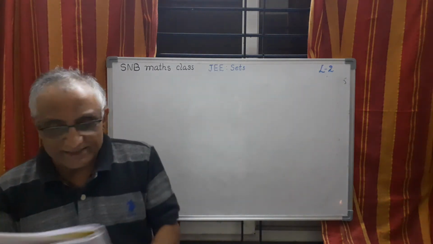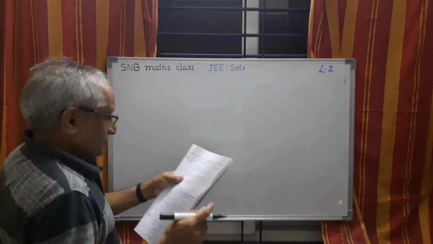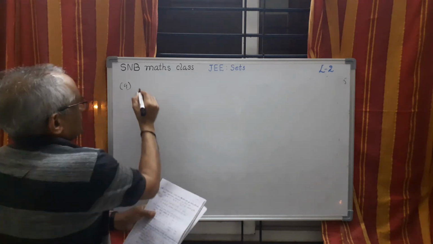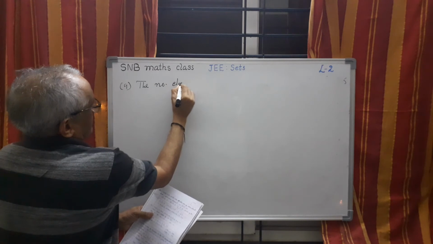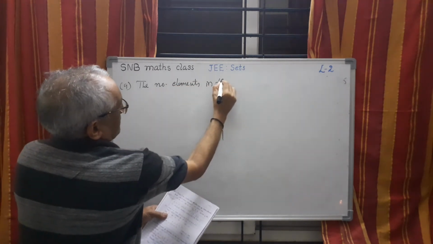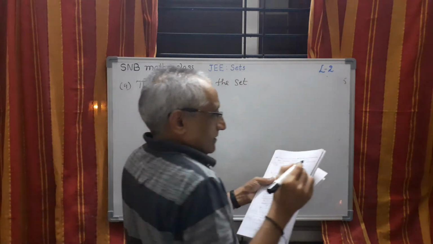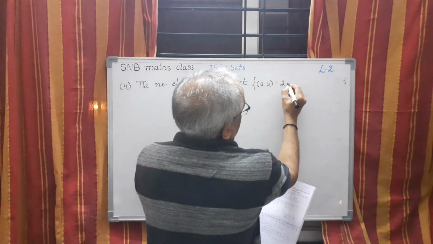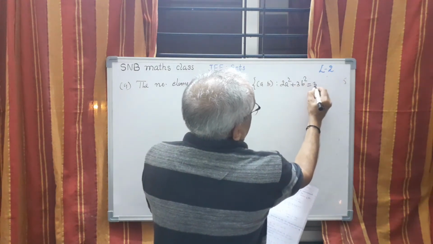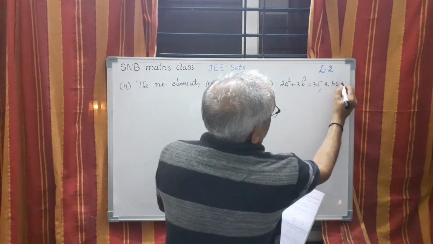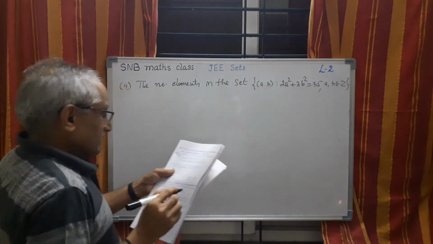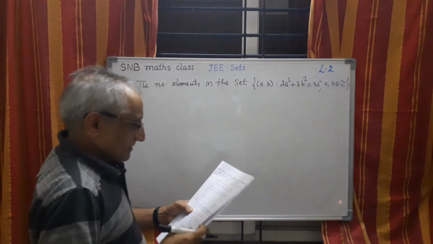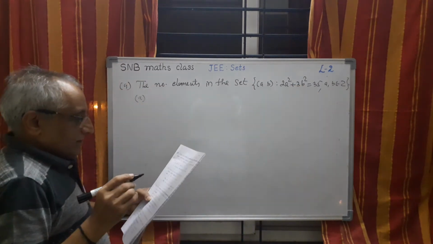The question is this: the number of elements in the set of ordered pairs (a, b) such that 2a squared plus 3b squared equal to 35, with the condition a, b belonging to Z, where Z is the set of integers. First option is 2.